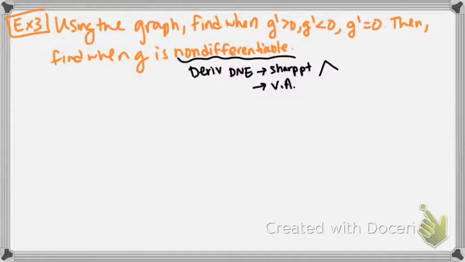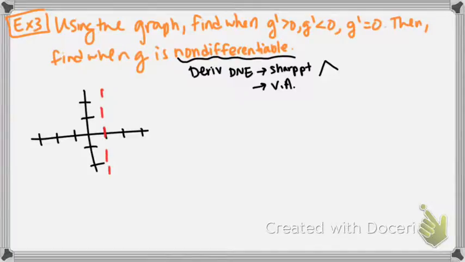All right, so this graph is given to you. So let's go ahead and draw an XY axis. I need you to go out 2 or 3 in each direction. We're going to put 2 vertical asymptotes on the graph. One of the vertical asymptotes is at positive 1. The other one is at negative 1.